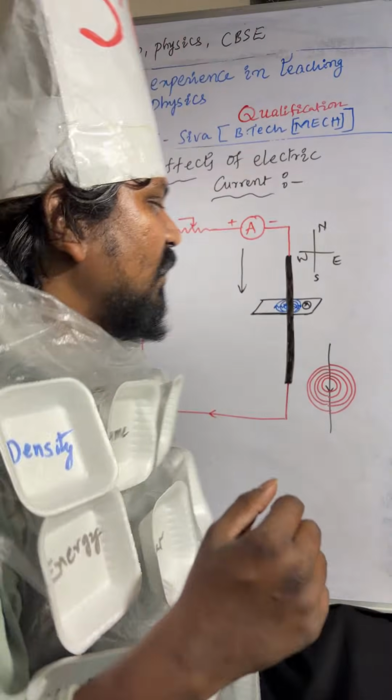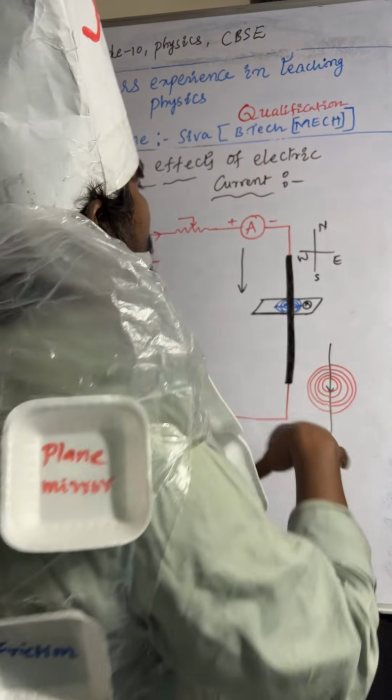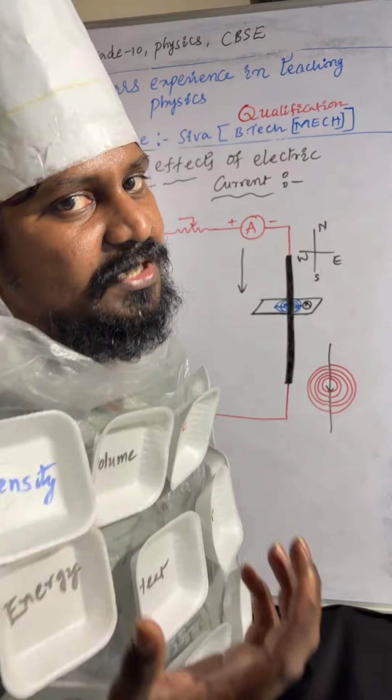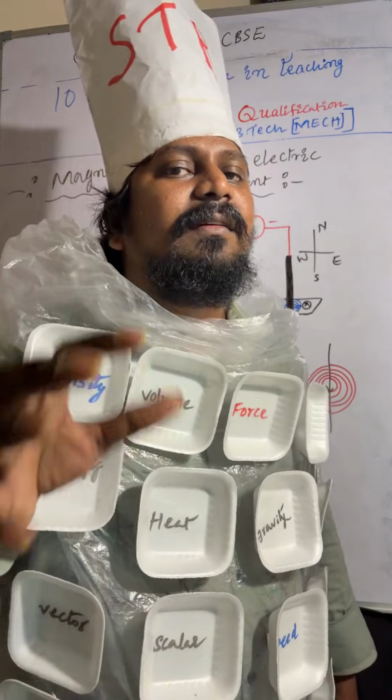And one more thing, if you change the battery direction, automatically the magnetic field direction also changes. If you change the battery direction, that means the current direction.